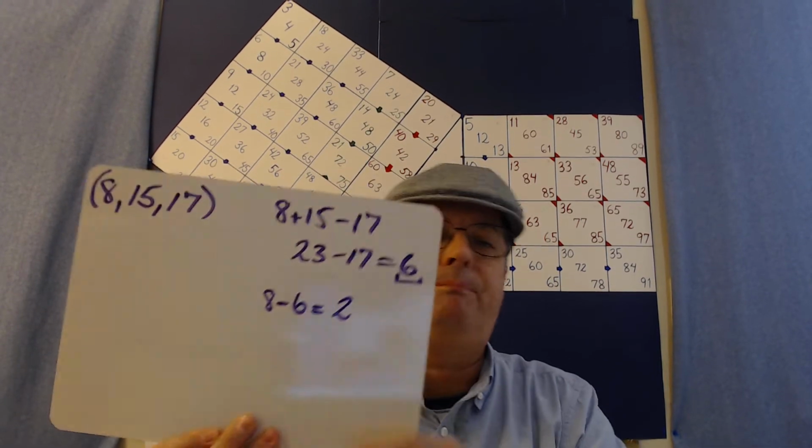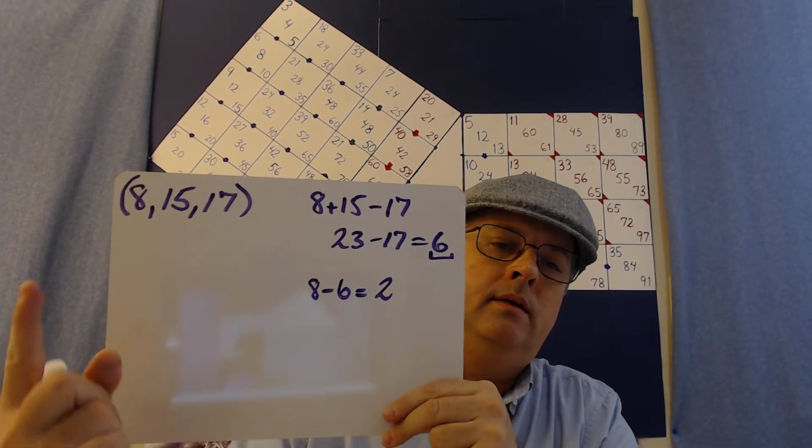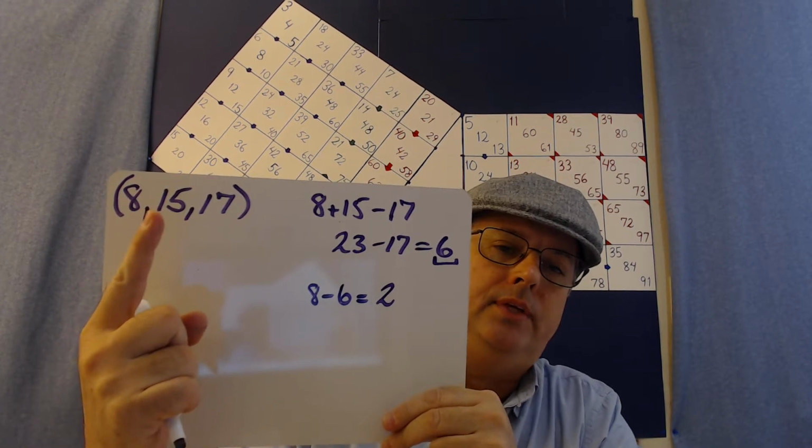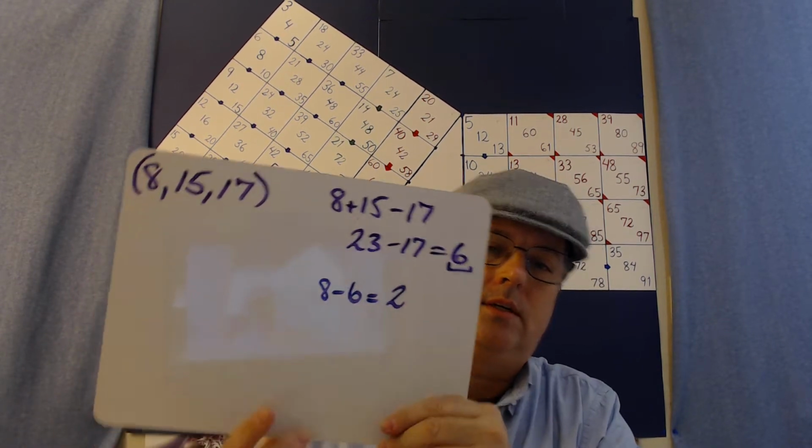Then maybe we could take the 8 and subtract the 6, and that would give us 2. Let's also take the 15 and subtract the 6, and that gives us 9.